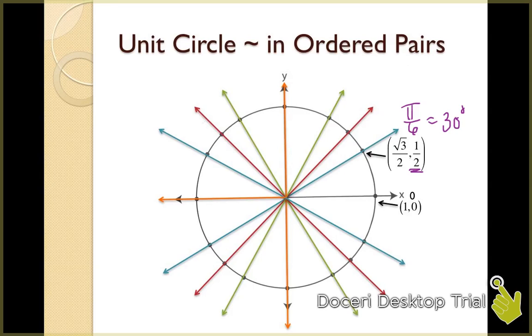We know that the cosine of 30 degrees is square root of 3 over 2. So that becomes our x coordinate. So this point right here, where the terminal side intersects with the unit circle, is the point square root of 3 over 2, 1/2. Okay, and we know that because this is cosine and this is sine.